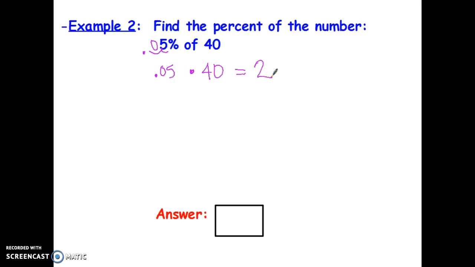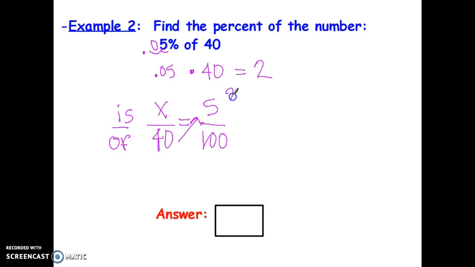Now again, as our proportion, we know that we have 5 out of 100%, and we're trying to find out what amount is that 5%. So we put that over 40. Remember, it's always "is over of." So then we cross multiply. 40 times 5 is 200. 100 times x is 100x.